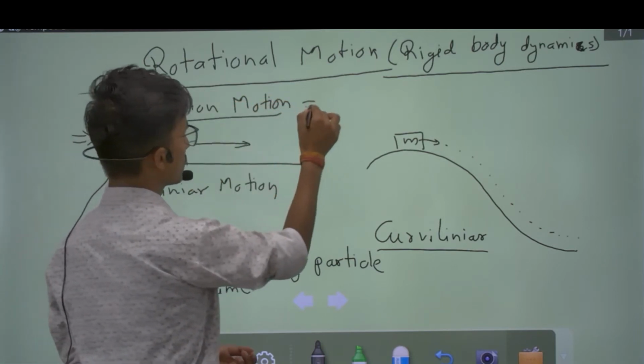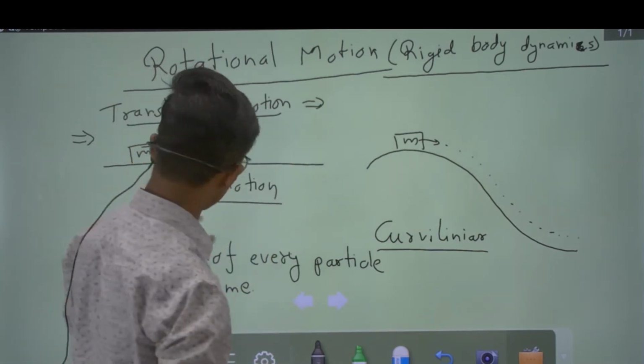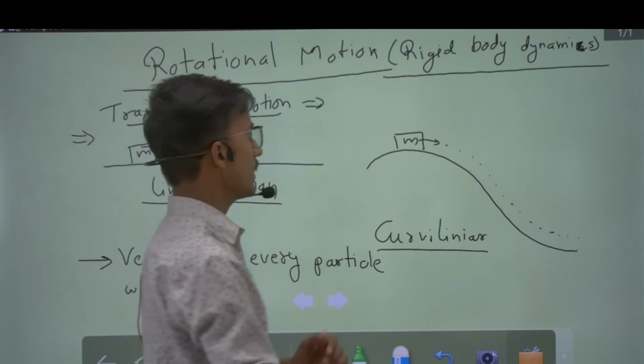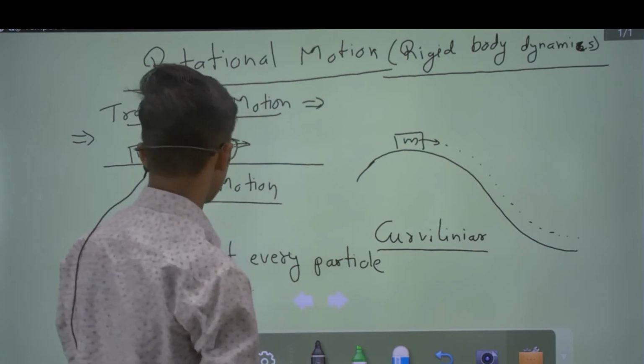In translation motion, a particle can move on a linear path, or straight path, which is known as linear motion, and a particle can move on a curvilinear path, which is known as curvilinear motion.